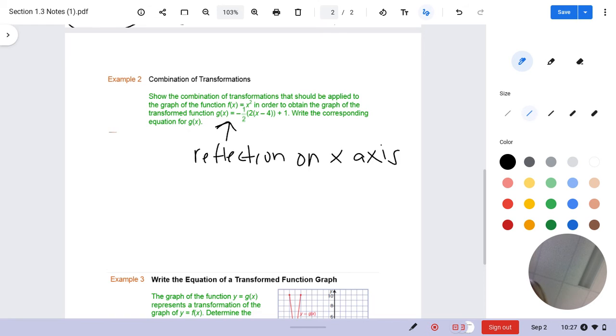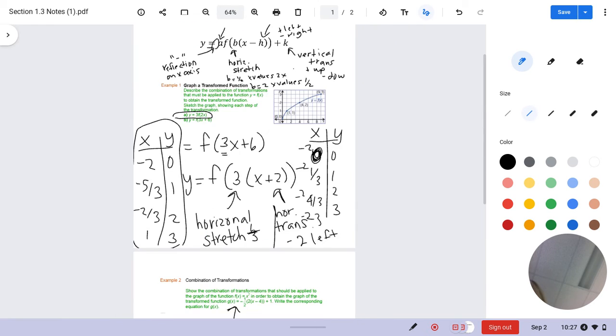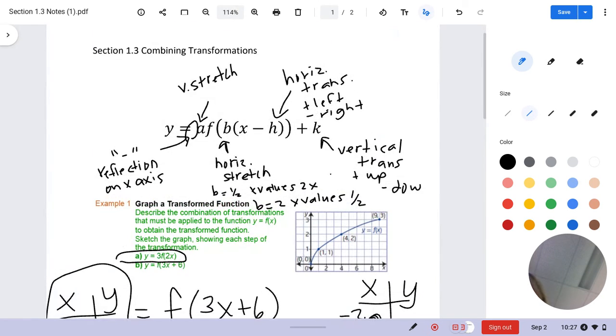And let me just go back a second. Over here, if there was actually a negative in front of this b, this would be a reflection on the y-axis.